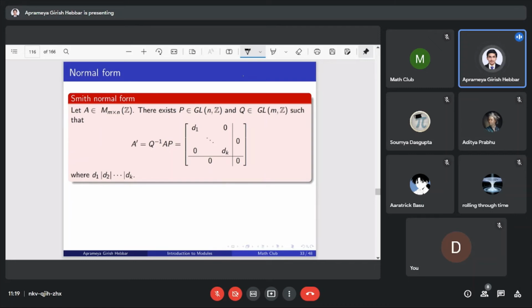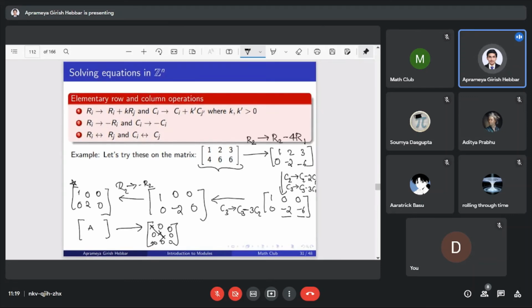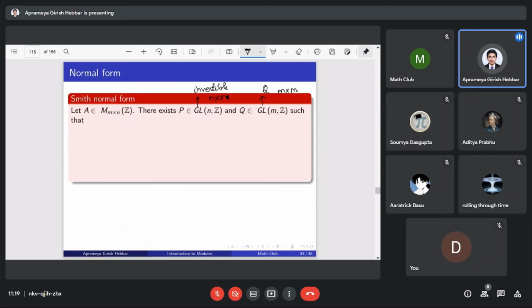And here you have one more interesting condition: each di should divide d(i+1). So you have these divisibility relations over here. We had this here also, 1 divides 2. This is true in general also, and we are going to prove this theorem.